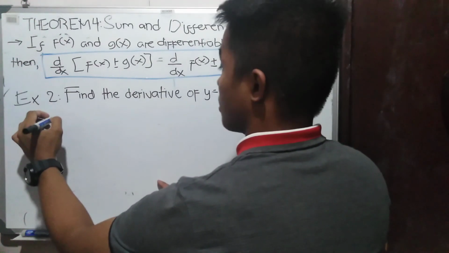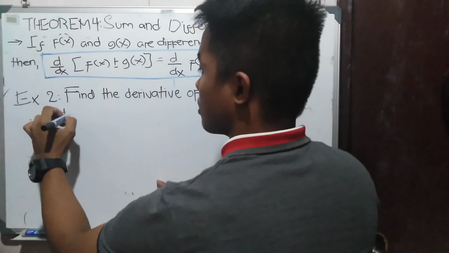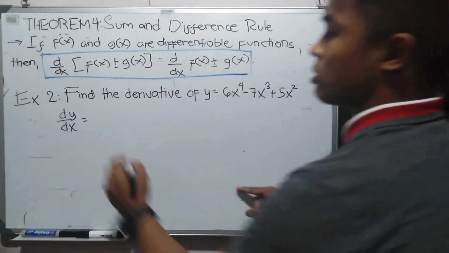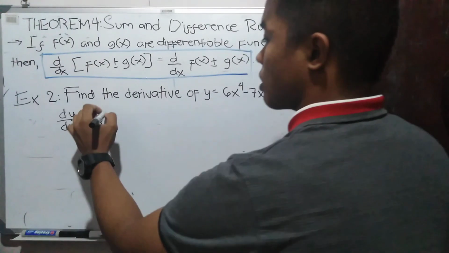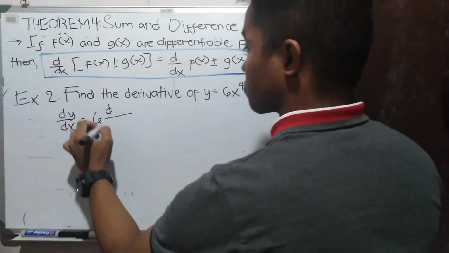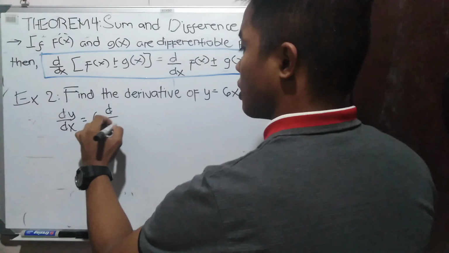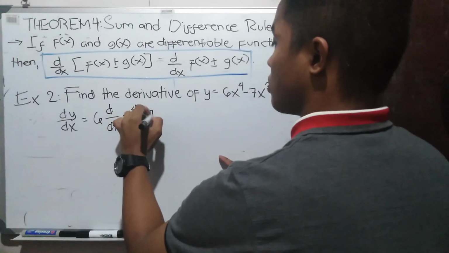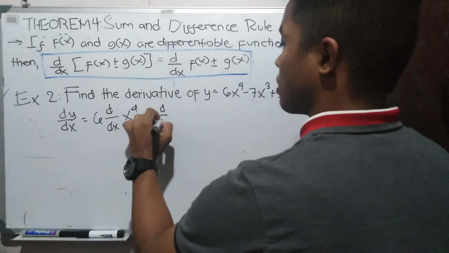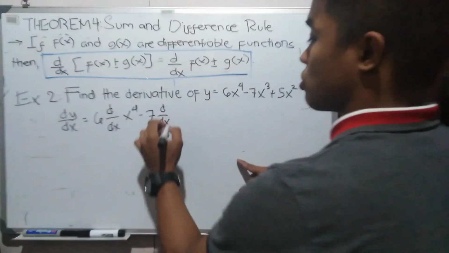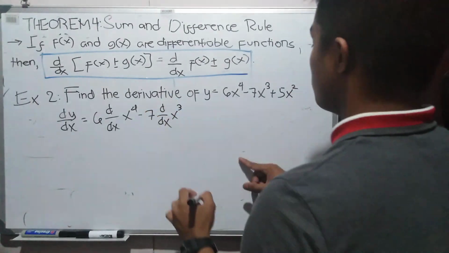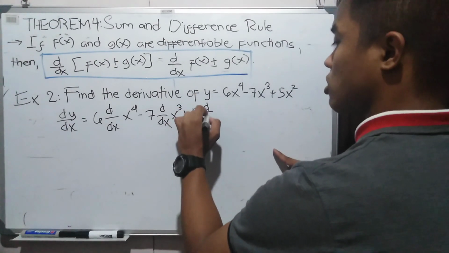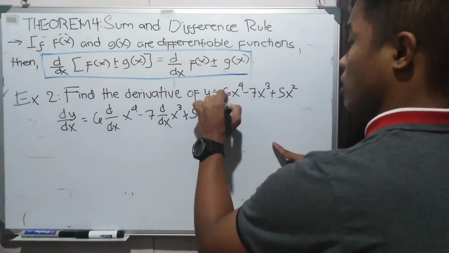Okay, so again we have dy over dx is equal to 6 times the derivative of, d over dx of the function x raised to 4, minus 7 times the derivative of the function x cubed, plus 5 times the derivative of the function x squared.